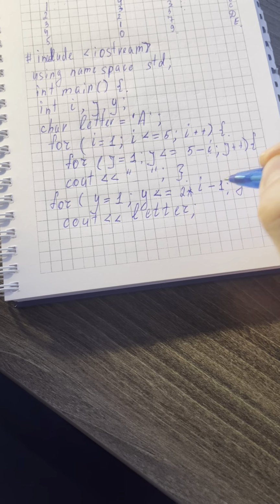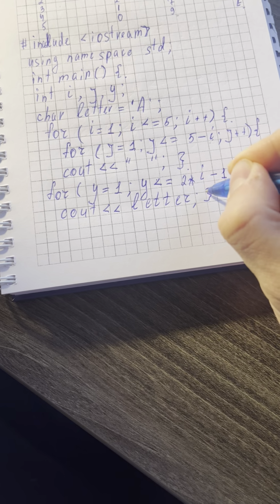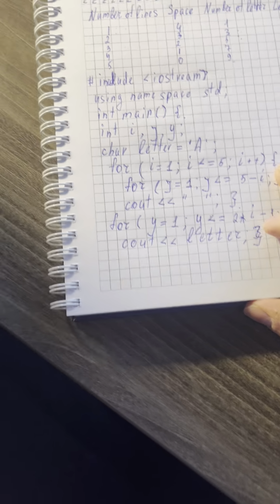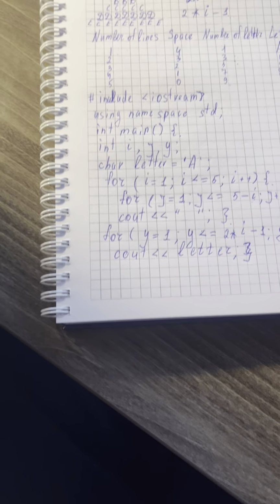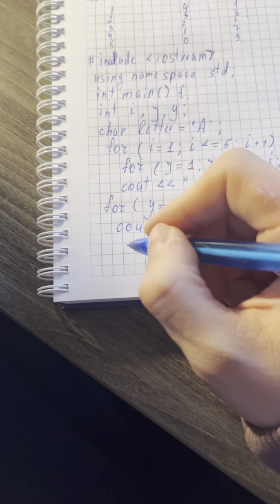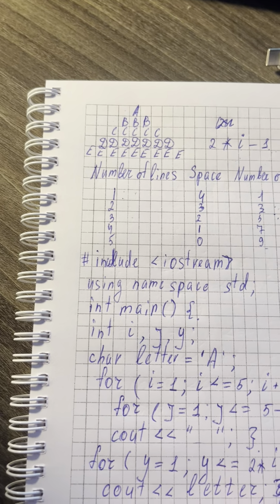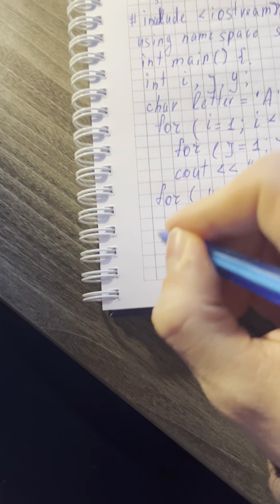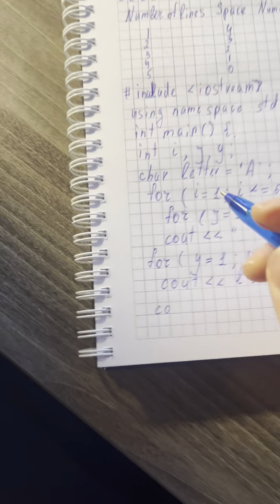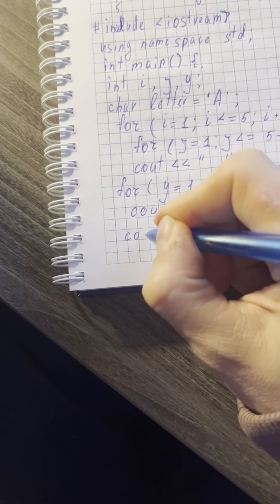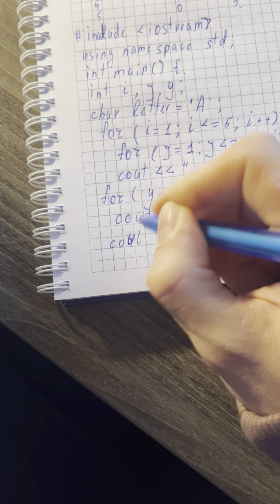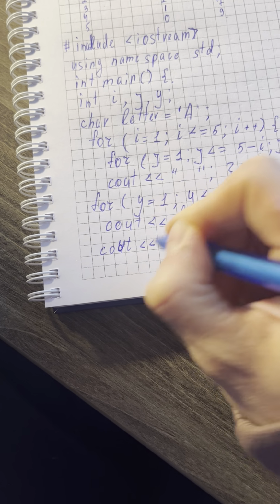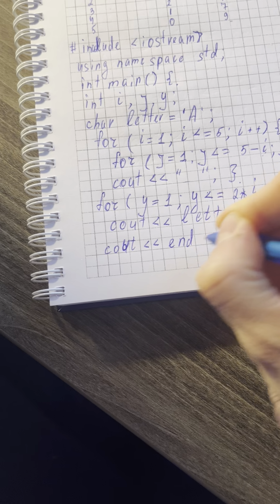We close the cycle here because we did our cycle with the number of letters. And now we have to make a new line. So before the main cycle is finished, we type out end line.